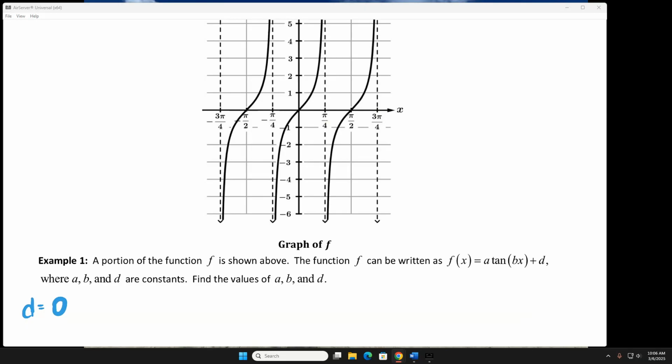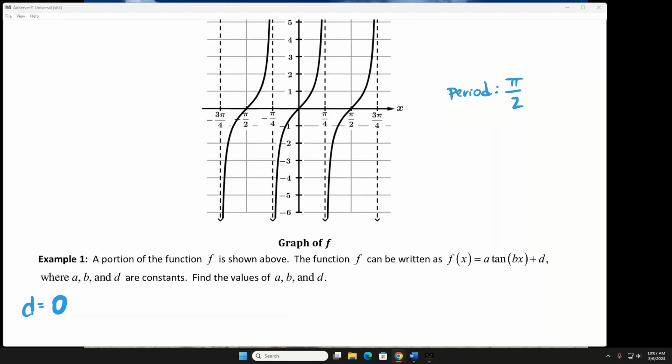All right, B we're going to find by using the period. So what is the period of this tangent function? We need this distance, pi over 2. So it's pi over 4 to the right and pi over 4 to the left. You add those together to get pi over 2. You're technically subtracting pi over 4 minus negative pi over 4, but that is going to be the period.